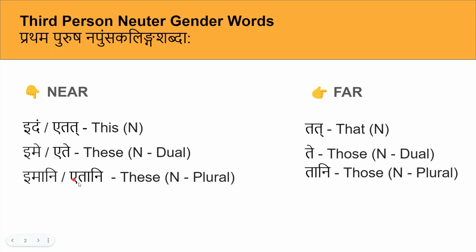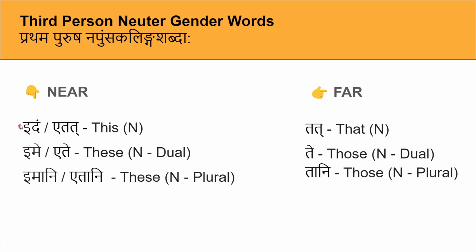Right. So the general plural form is imani or etani when there are things which are close to you. When there are things which are away from you, more than two objects, you can use thani.